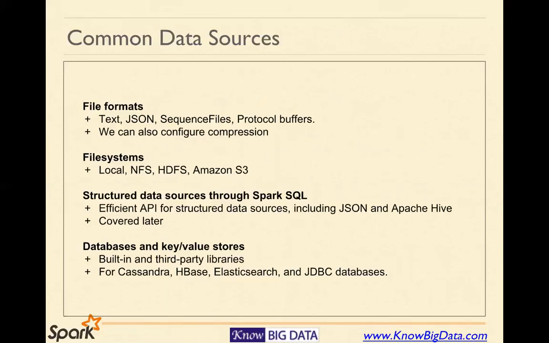There is a format in which the data is saved or represented in the file. It could be text, JSON, sequence file, or protocol buffers. We can also configure compression. If your data is compressed in HDFS or at the target location, Spark, while reading, can uncompress it.